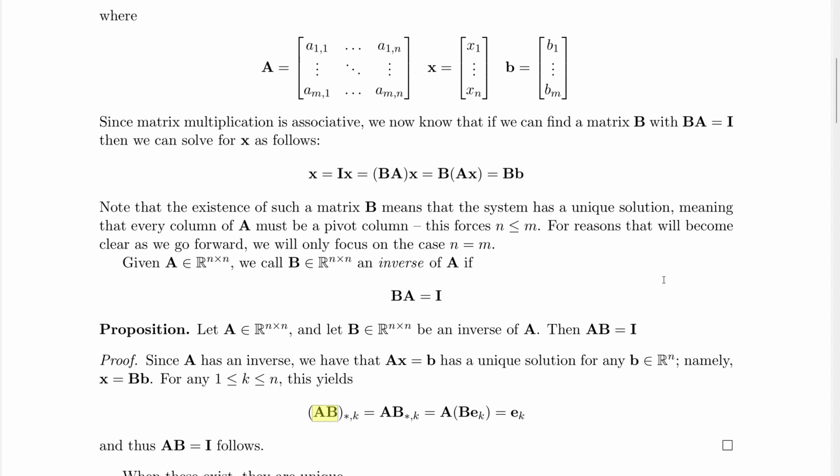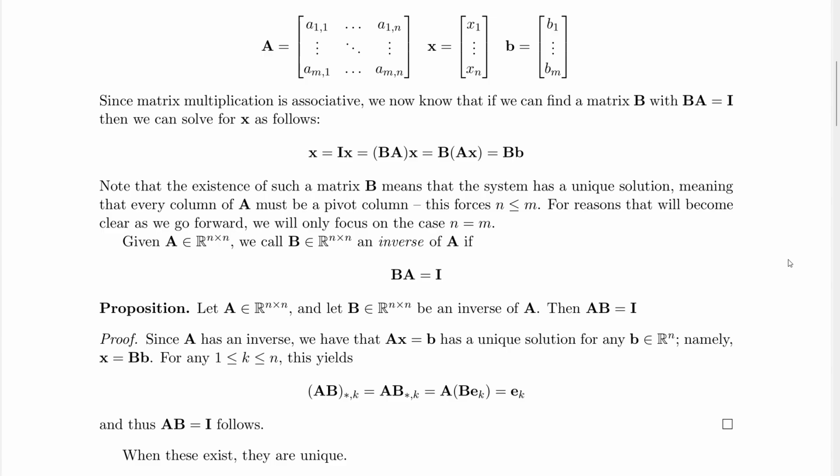Equipped with that knowledge, we now know that if you have an inverse, then not only is B times A equal to the identity, but A times B must also equal the identity. So we have both possible products equaling the identity, and with that, we can now prove that inverses indeed have to be unique.